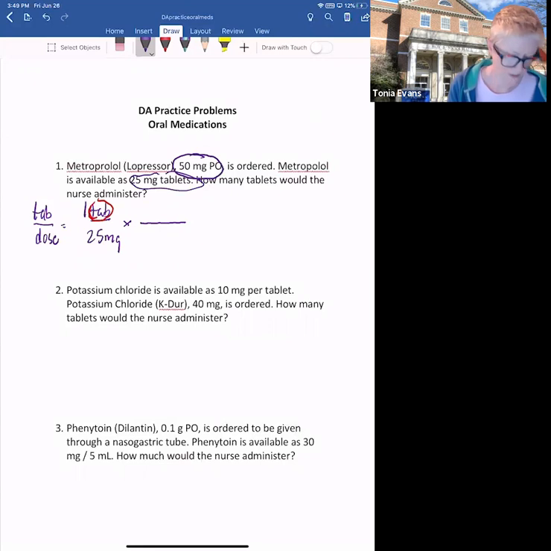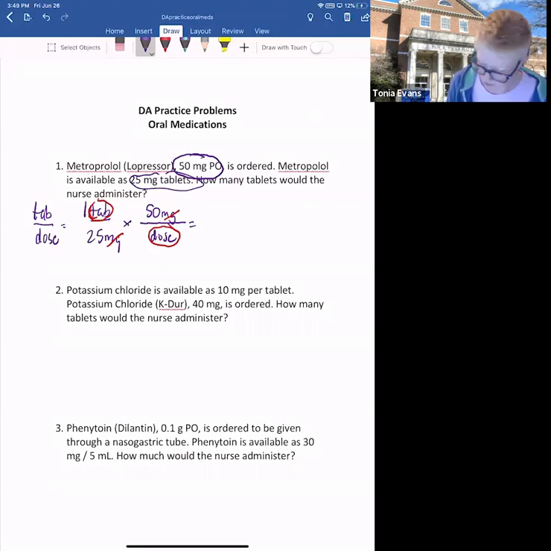So this one's pretty straightforward. I have 50 milligrams per dose. And that cancels out my milligrams, leaves me with dose. And so I can go ahead and do my multiplication.